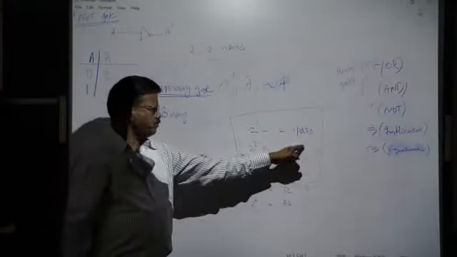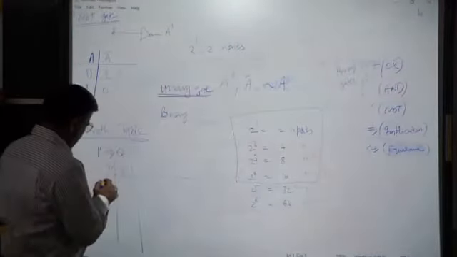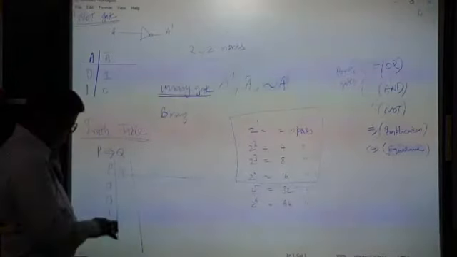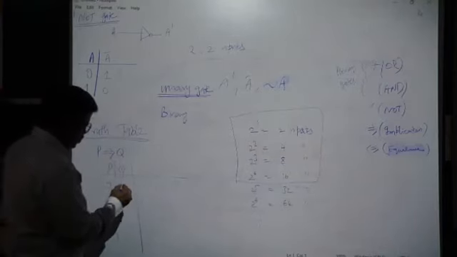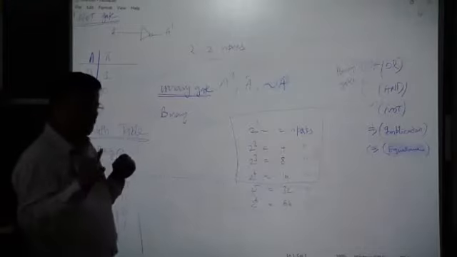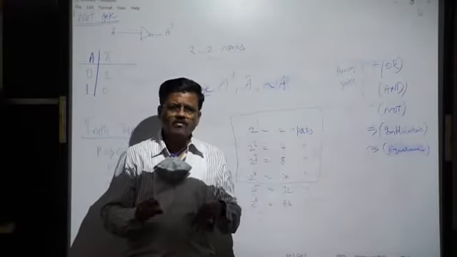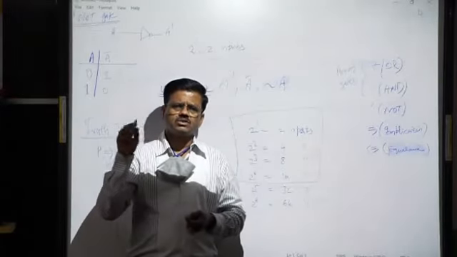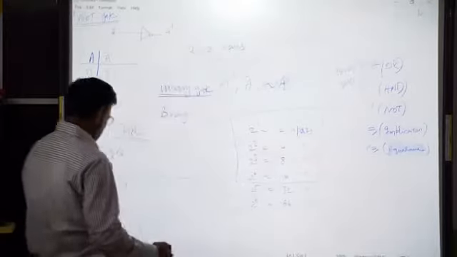If there are 4 inputs, half of 4 is how much? 2. So you must begin with 0 0 1 1. Half of 2 is how much? 1. So 0 1 0 1. You should not have less than 4 inputs. You should not have more than 4 inputs. If it is less or more than 4 inputs, your truth table is utterly wrong.